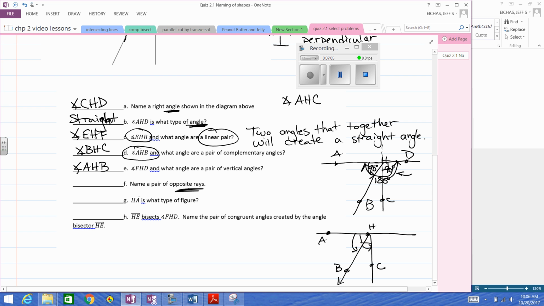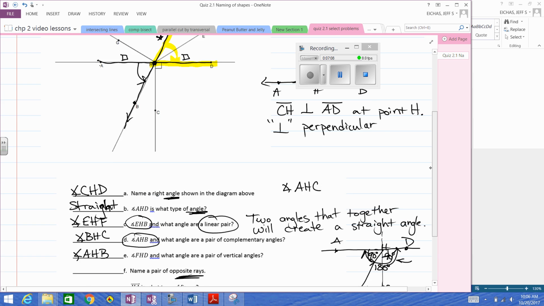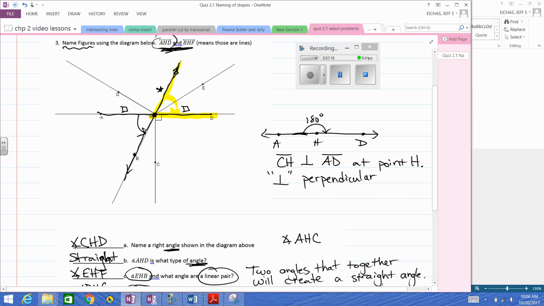All right, opposite rays. We just talked about that. There's a lot of choices. They've got to make a line, so you want to use something like that they gave us. AHD is a line. So if AHD is a line, what we would need for opposite rays is H to A and H to D, because they'd make a 180.